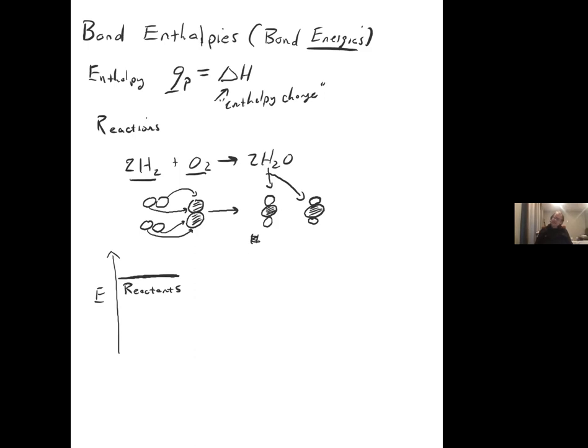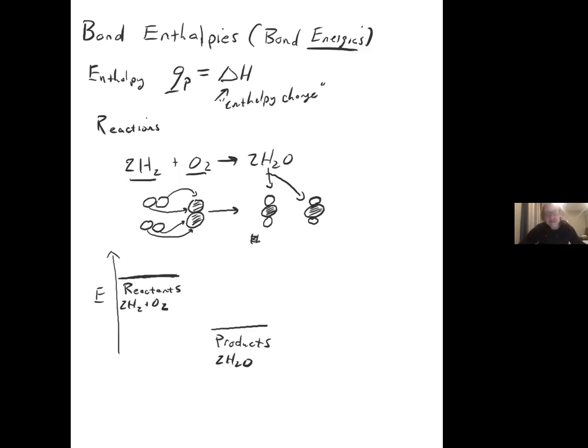So the reactants have energy. And what we'll claim is that the products may have a different amount of energy. And if the products have less energy, right? So I'm going to write this line lower. So the water has less energy than the hydrogen and oxygen.